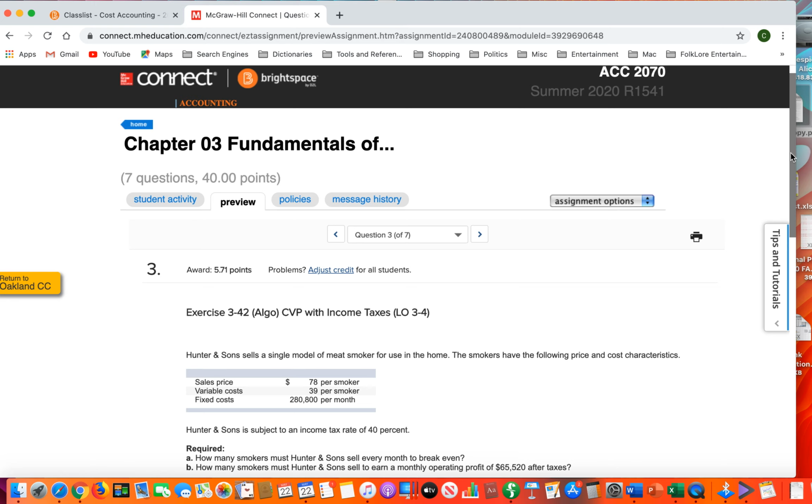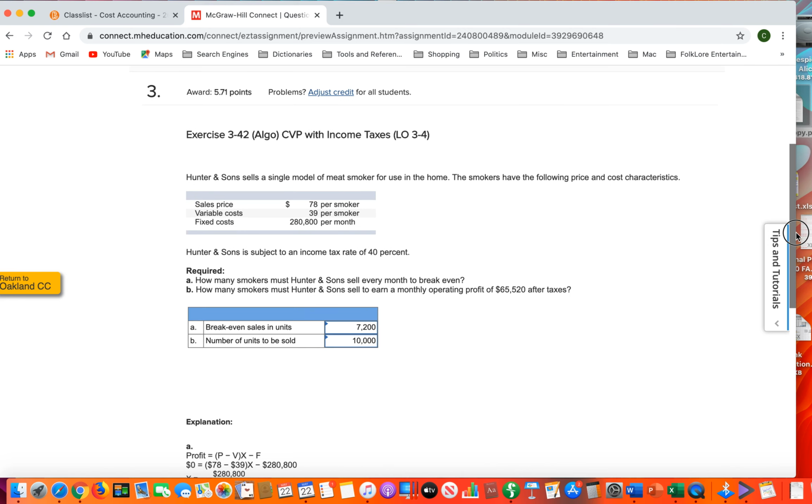Because it comes out to be 280,800 plus 109,200. In other words, 65,520 divided by 0.6 is 109,200. That's what you're going to add to 280,800. And so that's 10,000 units. And there you go.